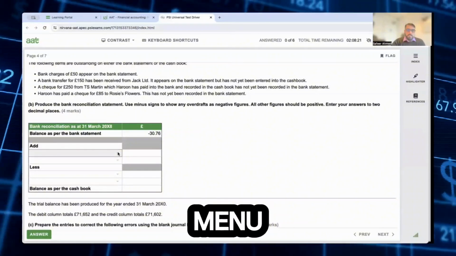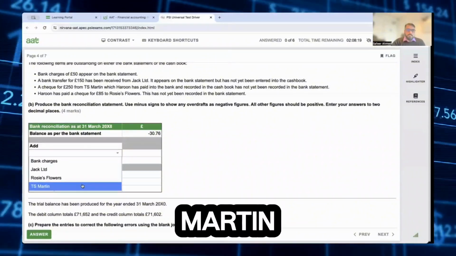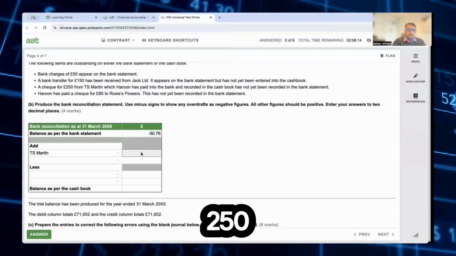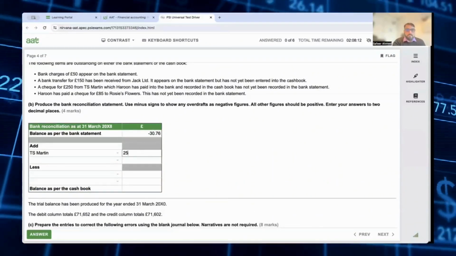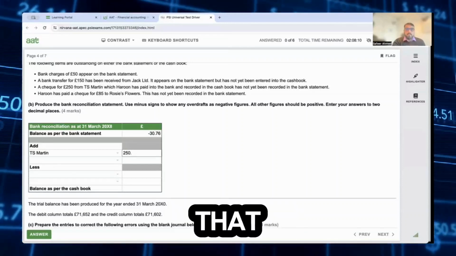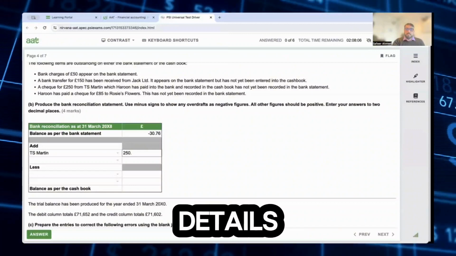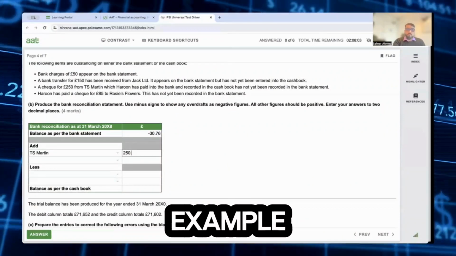In the drop-down menu, of course, this will be TS Martin. And we are adding it, and that's 250. Now, remember that it is up to 2 decimal places. Those little details are important from your exam point of view.